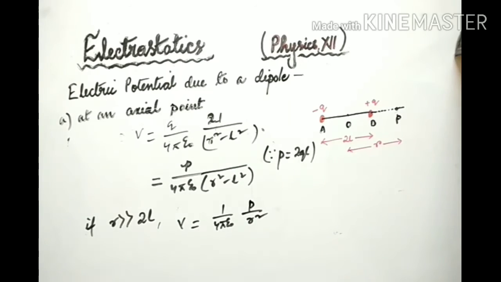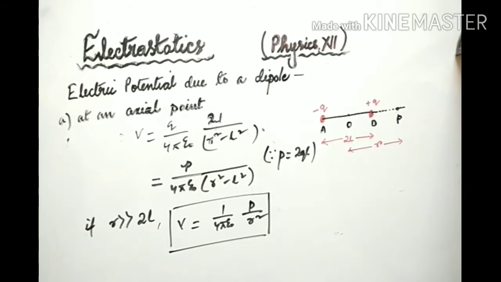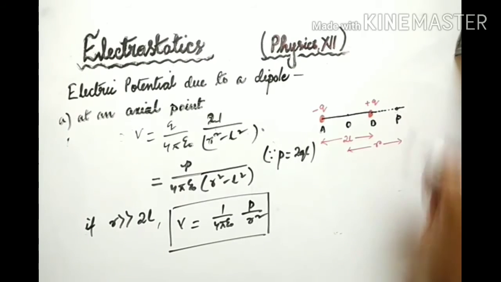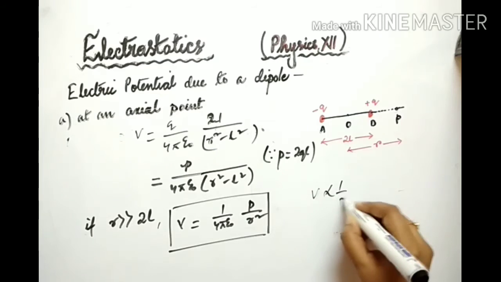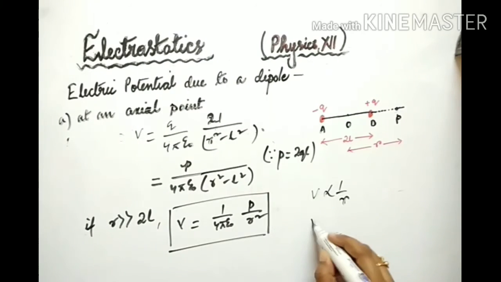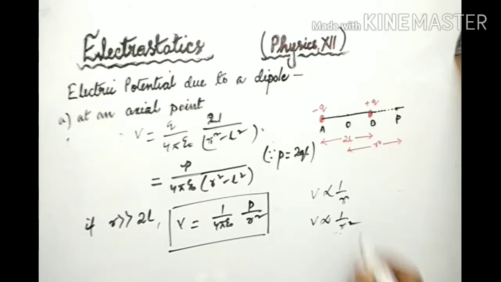We can neglect L. So this is your formula for electric potential due to a dipole at an axial point. Here V is proportional to 1 by R square. In the previous videos we have seen that the electric potential due to a point charge depends on 1 by R, and here it depends on 1 by R square. So you have to remember this.